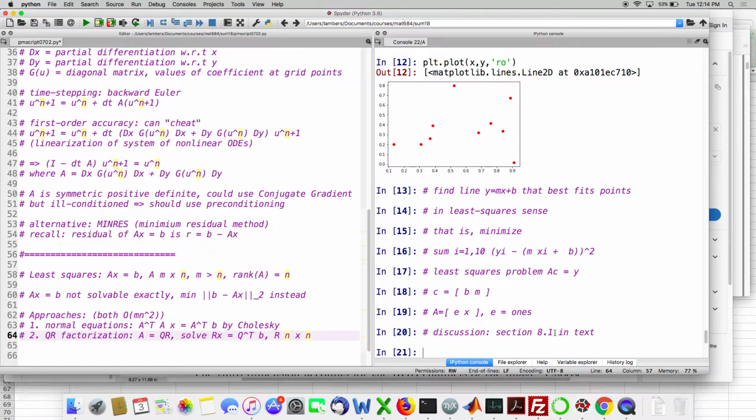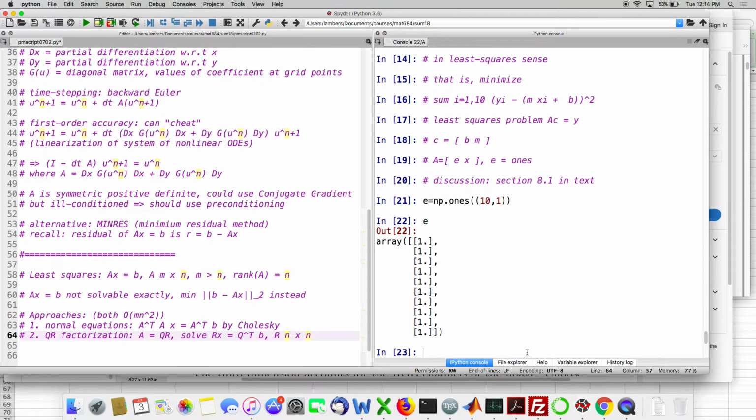Okay, so I'm going to make this matrix. First I have my x and my y. I need a vector of 1s, 10 of them. Okay. And now I'll make my A. It's just putting 2 columns next to each other.